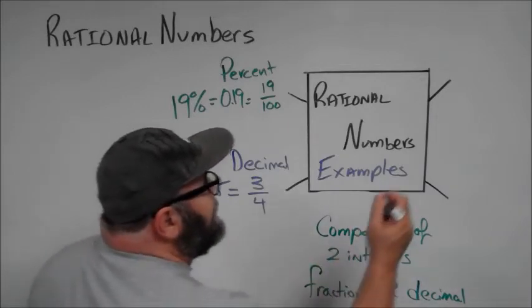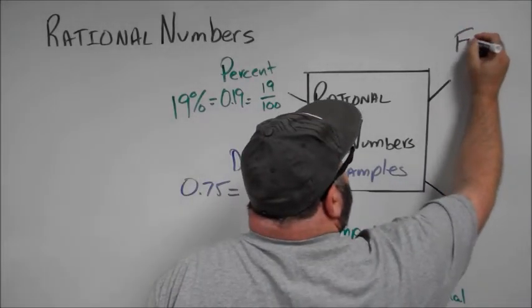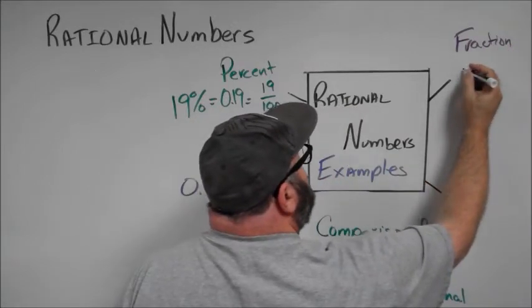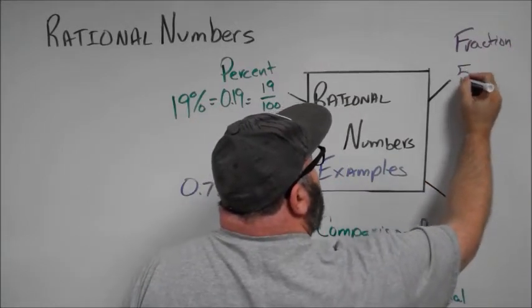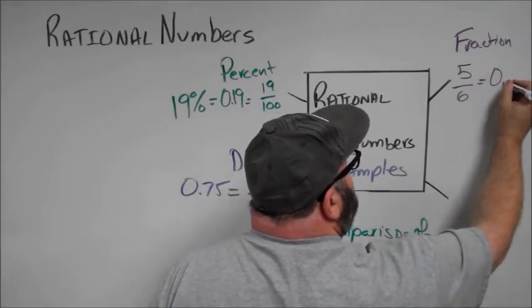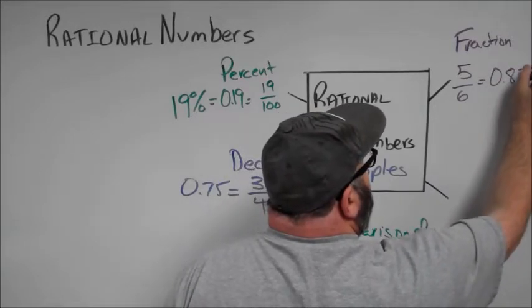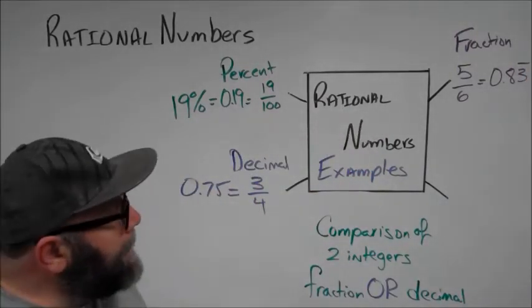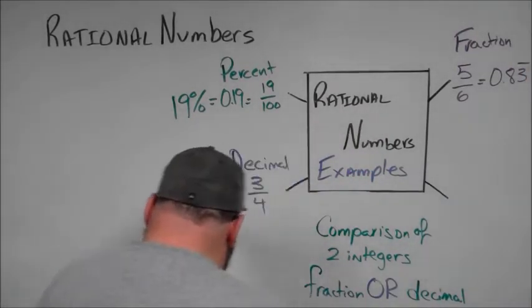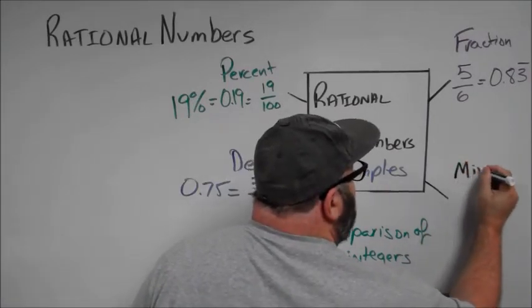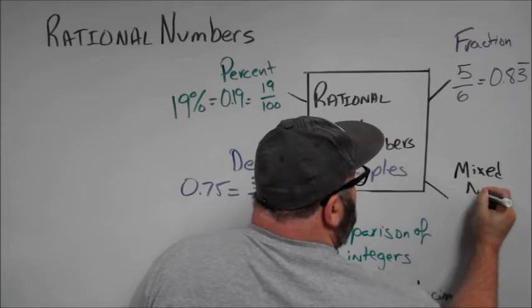I can write them as a fraction. So let's do 5/6, which is equivalent to 0.83 repeating. And I can write them as a mixed number.